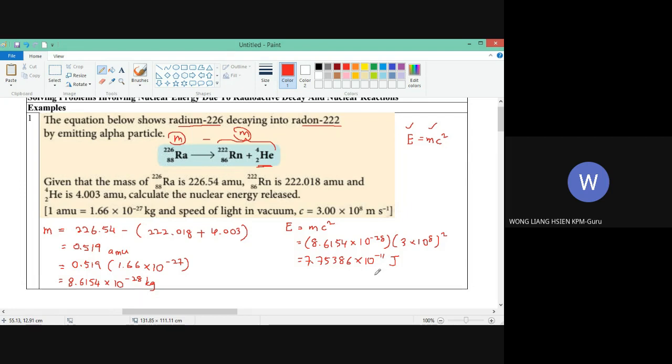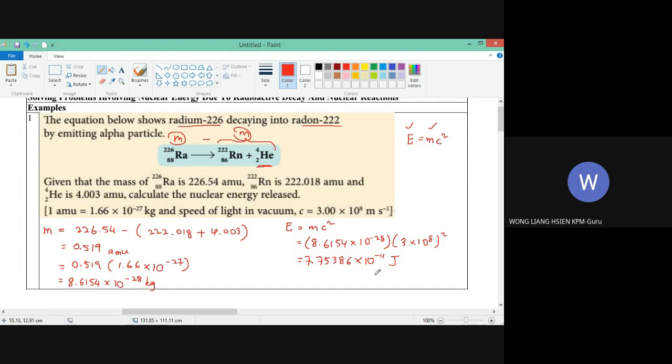So in ratio, if we compare, the energy released from nuclear reaction is much higher compared with other methods like burning wood, burning coal, burning natural gas, burning petrol.